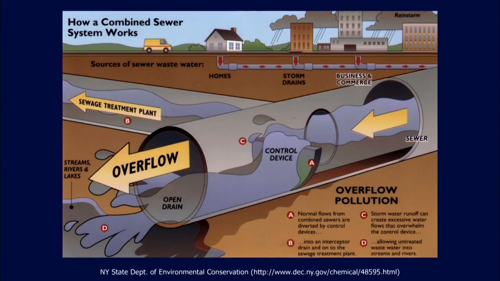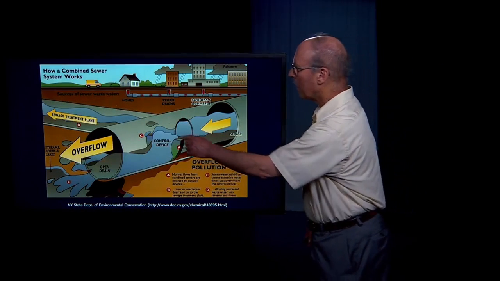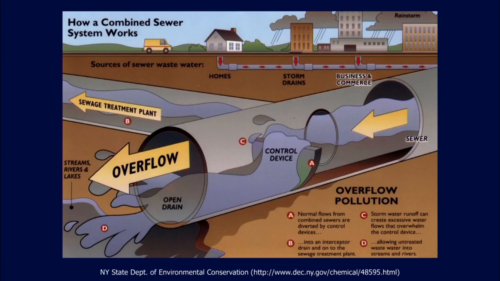Okay, I said I'd come back to combined sewer systems and combined sewer overflow. A lot of you probably know how this works, but let me go through it for those of you who don't. A lot of urban areas, especially in the United States, have combined sewer systems. That means you have the waste, which includes sewage, from homes and businesses going into the pipes.